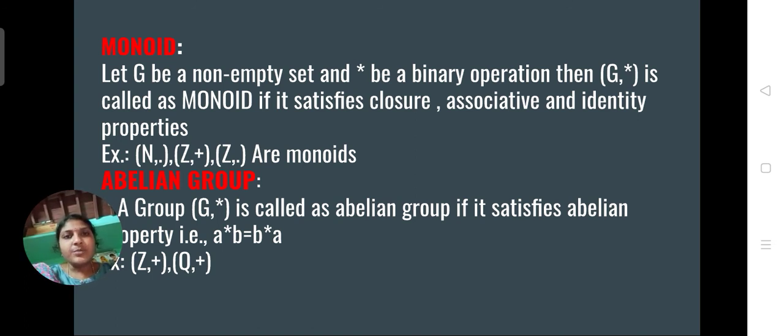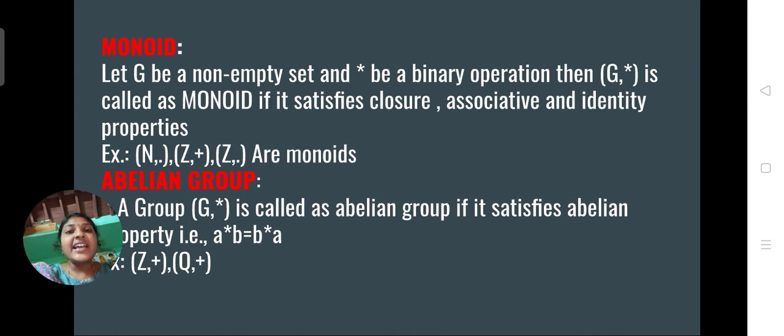So an abelian group means a group (G, *) is called an abelian group if it satisfies the abelian property. The abelian property is a * b = b * a. If any group satisfies the abelian property, then that group is called an abelian group.